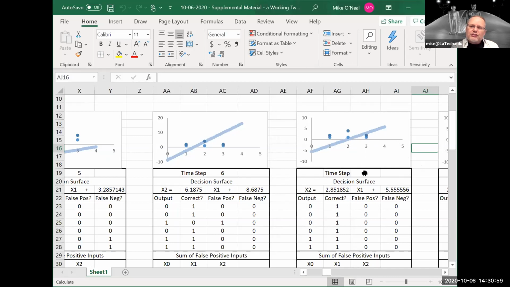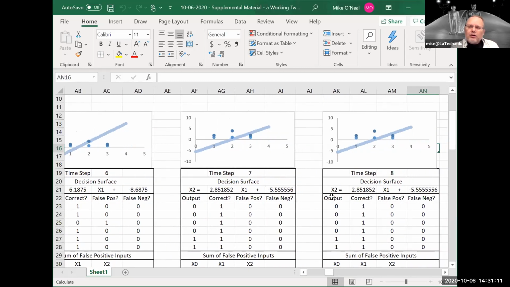And so after step 7, nothing changes because all of the outputs are correct. And so if you look at the decision surface, 0.2851, blah, blah, blah, well, it never changes. It's stabilized at 0.7. So it reached a stable decision surface after 6 steps. In the 7th step, everything is correct. Okay.